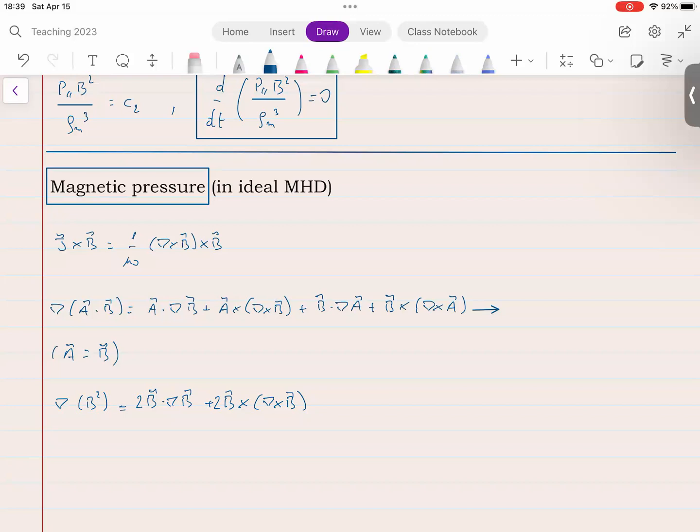Reordering terms, we get that del cross B cross B, divide everything by 2, is equal to B dot grad B minus the gradient of B squared over 2.